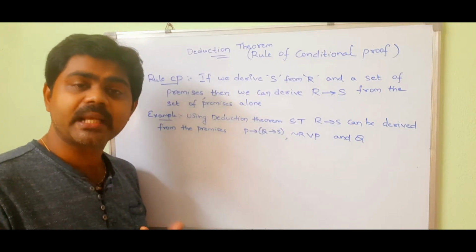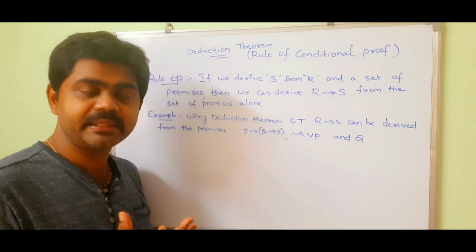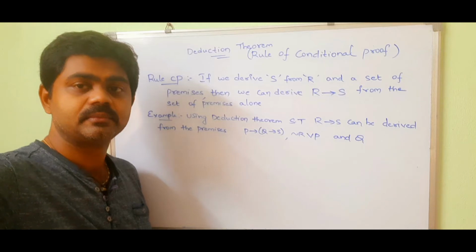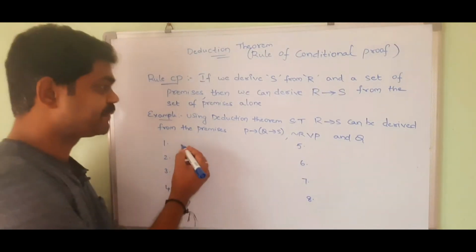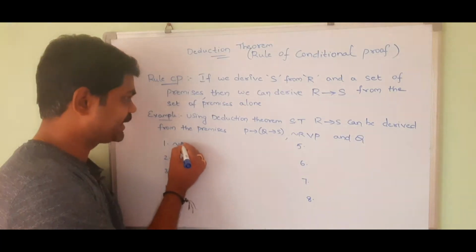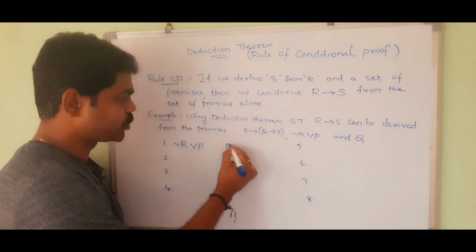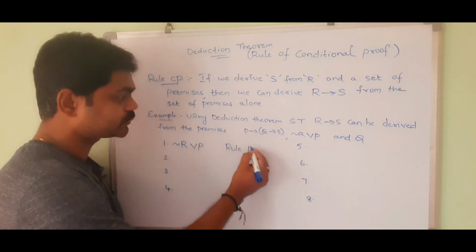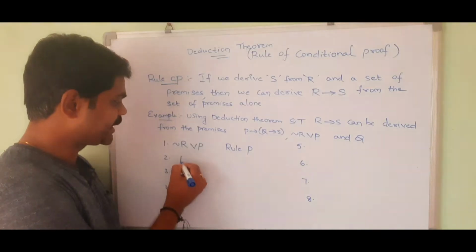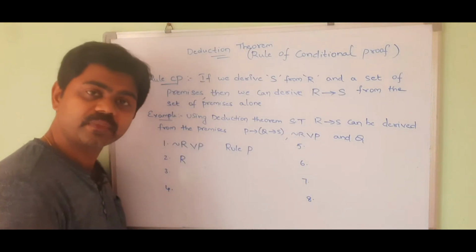Here we can also take some assumptions. For example, if we want P, we can assume P. The first is ¬R ∨ P. So we take ¬R ∨ P, and this is nothing but rule P. Next, let me take R. Do we have any R here?